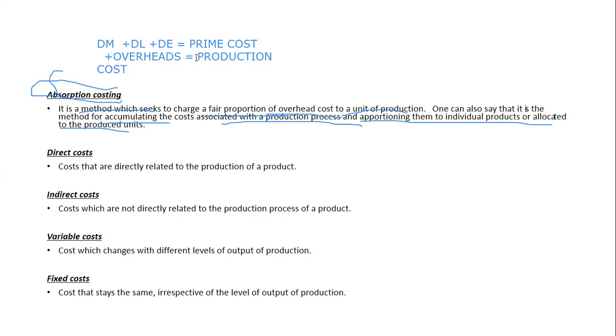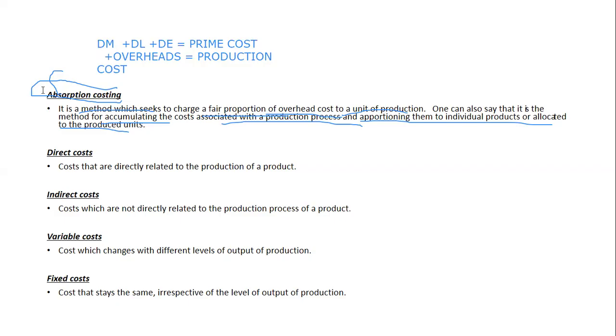What I want you to understand now is that absorption costing includes all the production costs, or it's a method of costing that charges all the production costs to the units being produced. That is absorption costing.